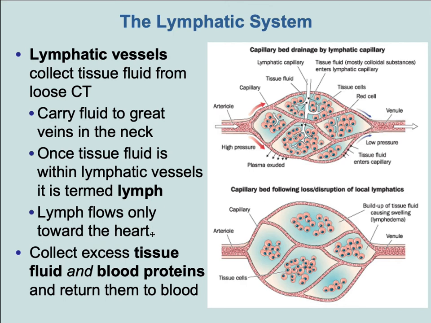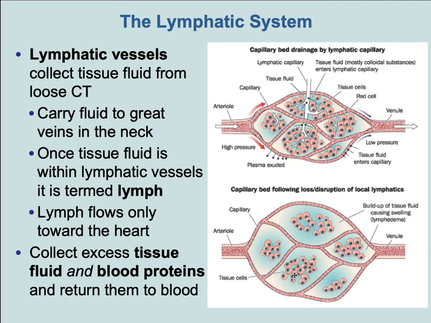But in addition to collecting the excess tissue fluid, lymphatic vessels also collect leaked blood proteins. And this is an important point, because if the leaked proteins are not returned to the bloodstream, a massive outflow of water from the blood to the tissue would follow.